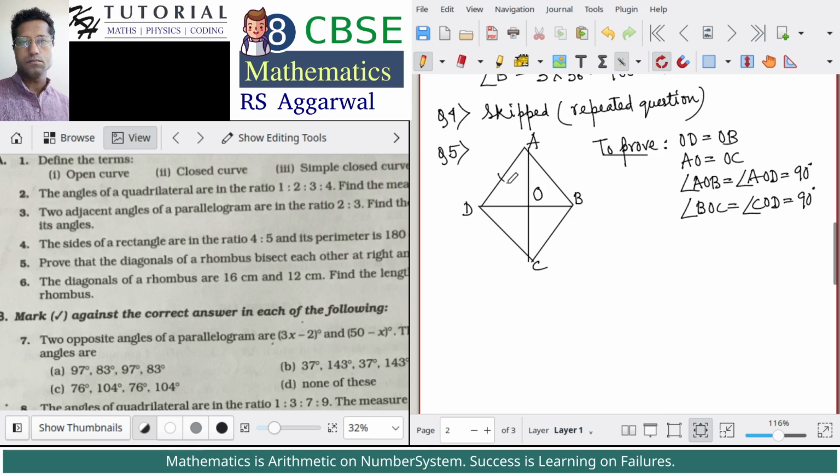We know that all the sides are equal since it's a rhombus, and the opposite pairs of sides are parallel. So AD is parallel to BC and AB is parallel to CD. Let me draw the diagonal AC properly.